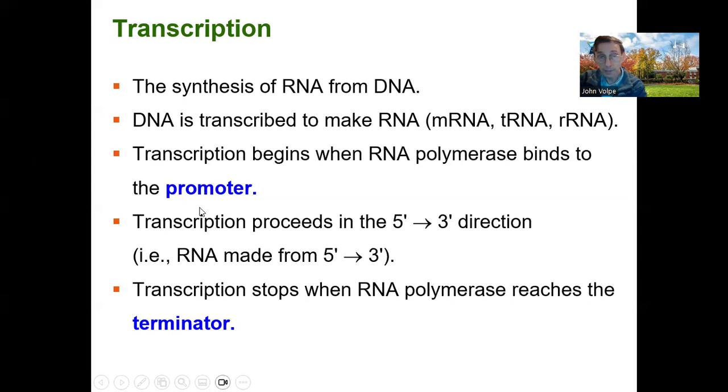And then downstream of the gene, usually right after the gene, is the terminator, a region of DNA that codes for the RNA polymerase to fall off. And that's why only the genes are transcribed. Any question about any of that?